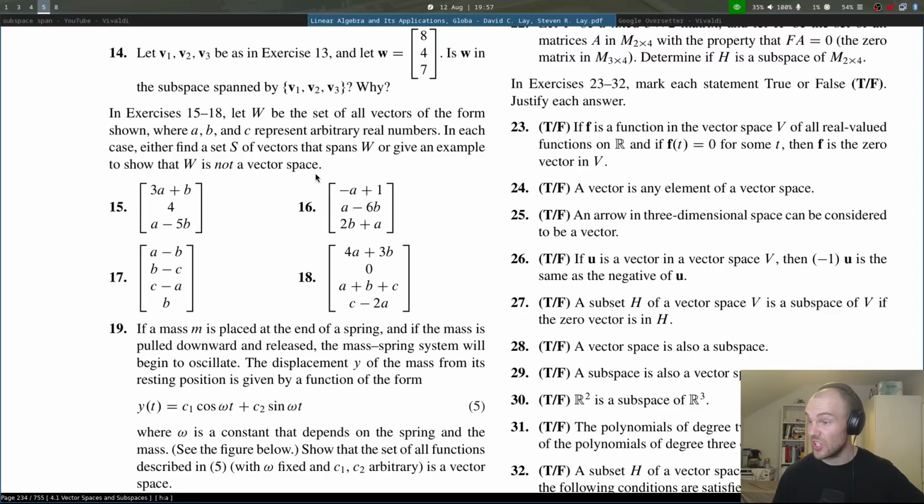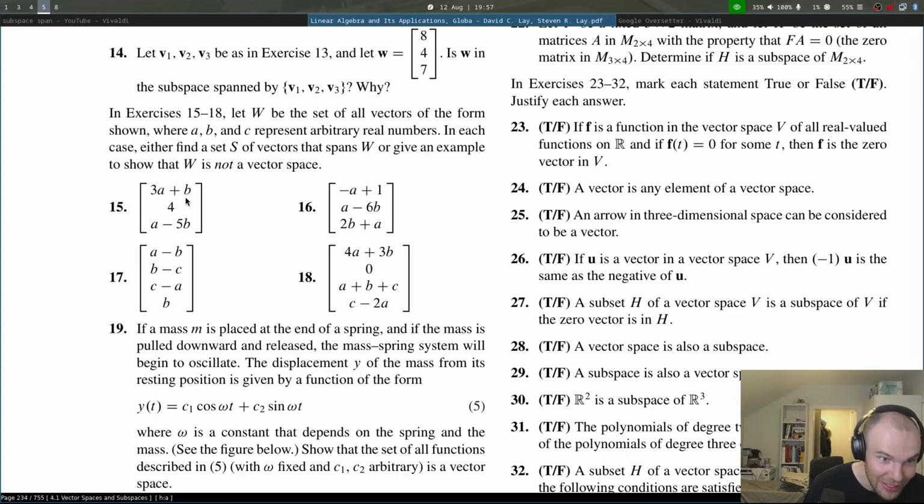We can do this pretty instantly on the first one, because this shouldn't work. This guy right here, I can express in terms of a and b. I can create two vectors, but regardless of those two vectors, I can't get rid of the 4 here. Okay, let me write it.